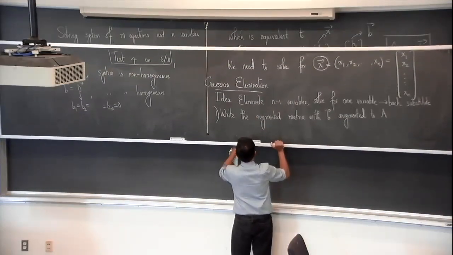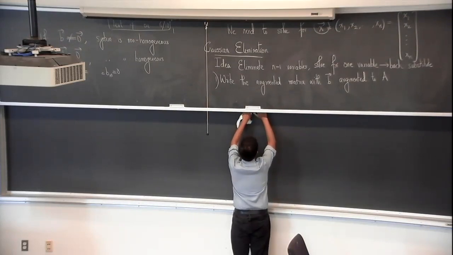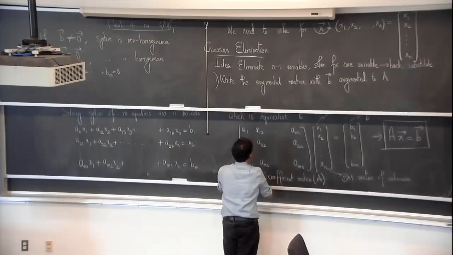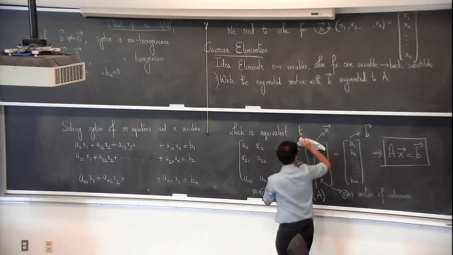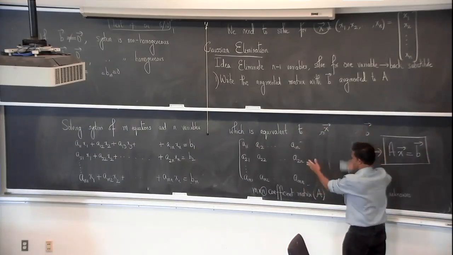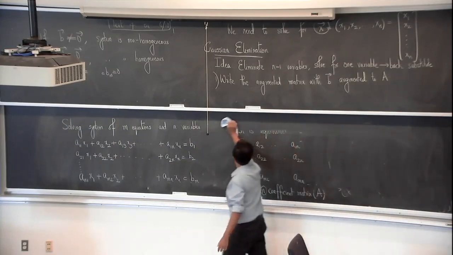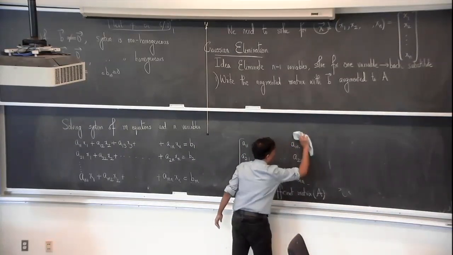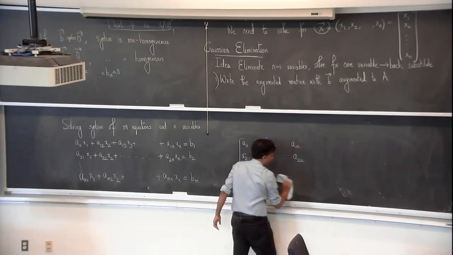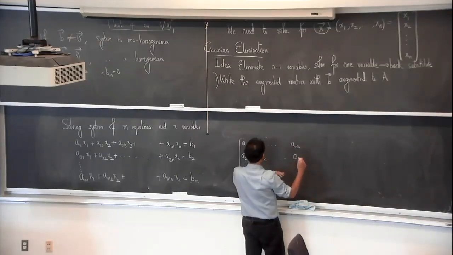So it looks like this. Now this was conveniently placed here for me, but you might have to write it again. So you have this m by n matrix and you attach the right hand side here.